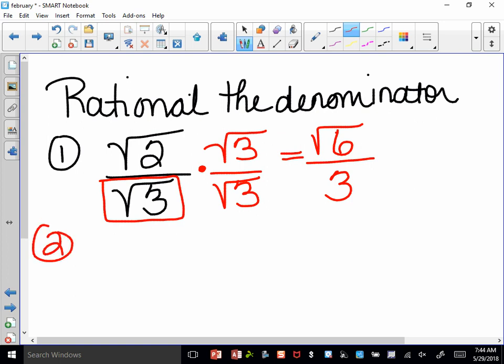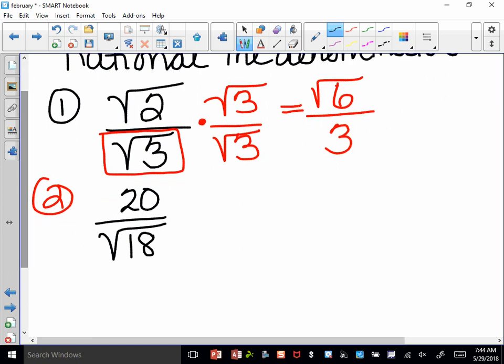Okay, let's take another one. Let's take 18. So you can definitely multiply by rad 18, just to make this a rational number, or you can actually simplify 18 first.